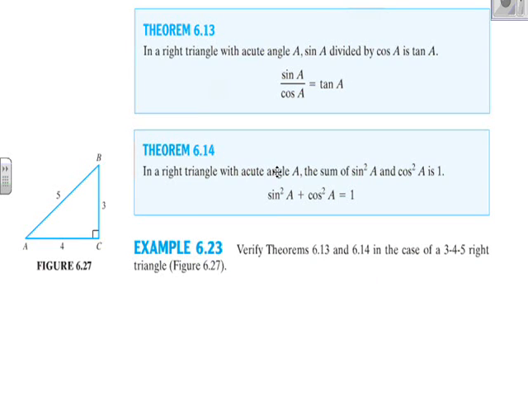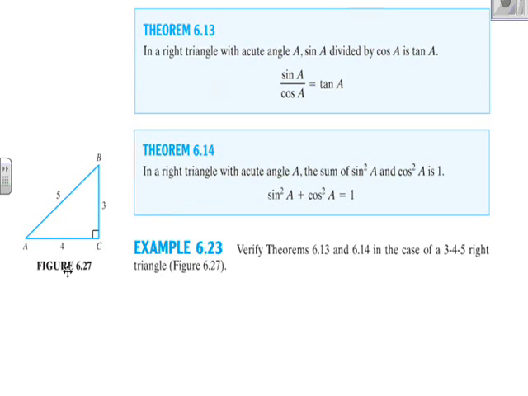So we're going to take a look at two theorems related to sine, cosine, and tangent. First is tangent is the same as sine over cosine. And our second theorem is sine squared plus cosine squared of the same angle equals 1. Now let's look a little bit deeper at those theorems by using a 3, 4, 5 triangle.